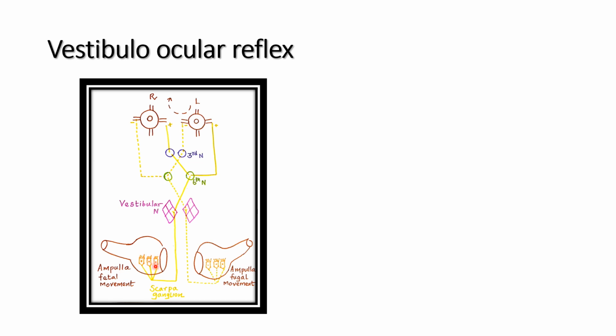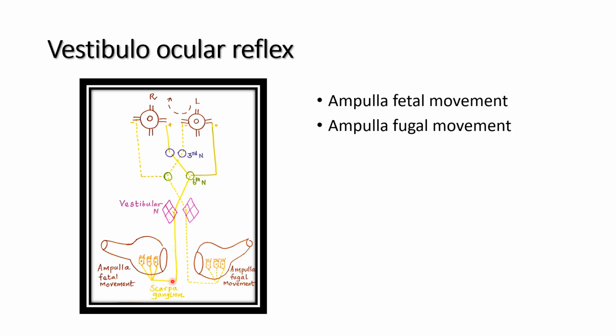So it is sent by the vestibulocochlear nerve through the Scarpa's ganglion, and it reaches the medial side of the vestibular nucleus. The four nuclei are lateral, medial, superior, and inferior.